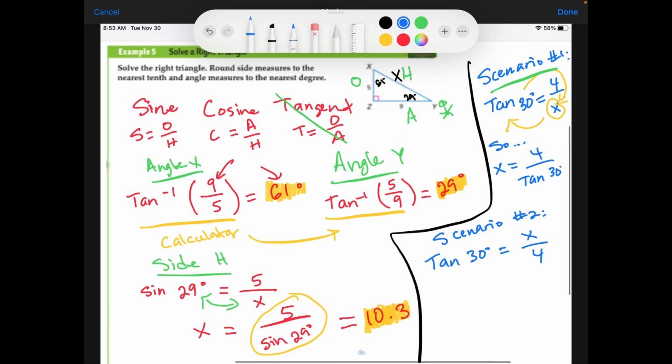If this is the case, all you need to do is bring this, it's always what's at the denominator, bring this over here, 4 times the tangent of 30 degrees, and you'll just multiply them in Desmos and get your x. And that would be our second scenario.